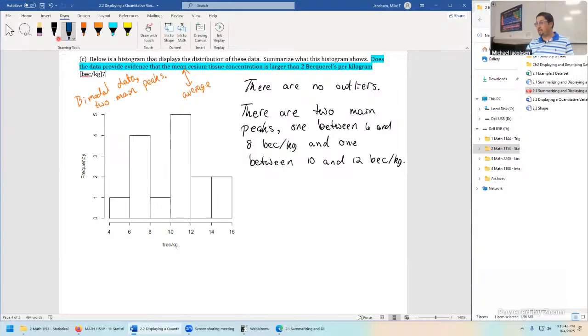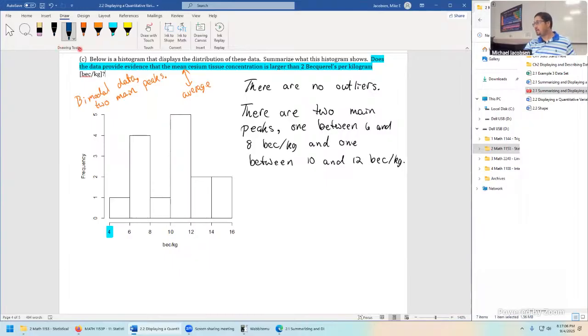I would agree with you as well. The minimum here is at 4 becquerels. So if you're starting way out here, and that was just one fish in that range, everything else is way bigger, then yeah, we have great visual evidence just from this display in support of that statement.